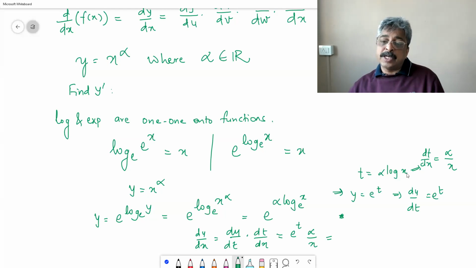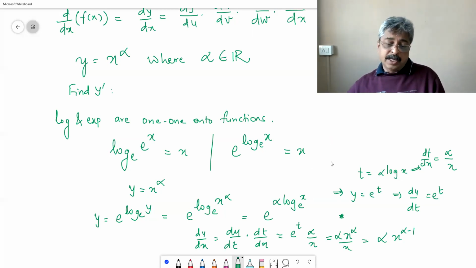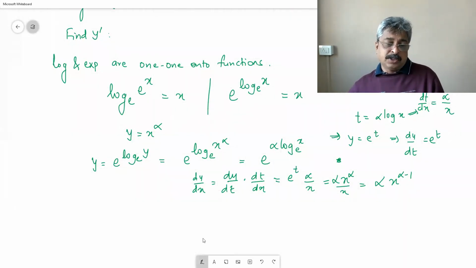E raised to t is x raised to alpha. So x raised to alpha into alpha upon x. That is the answer, and hence you get alpha x raised to alpha minus 1, which is similar to natural numbers, but x here need not be a natural number. So if you are really finding out x raised to half, what is the derivative?